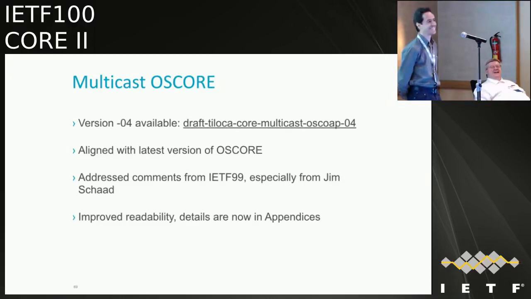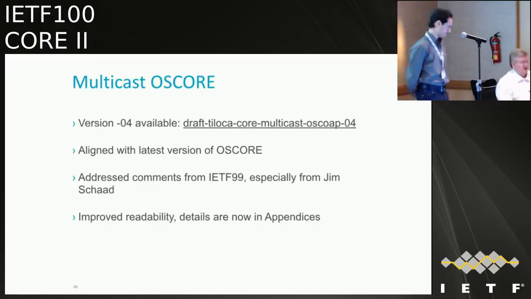So this draft provides a solution for multicast security, which is based on adding a signature to a COSE object. It's the counter signature field, which you add. If you have the counter signature field, then you can verify the source origin, so you can actually verify from which entity this multicast message was sent.